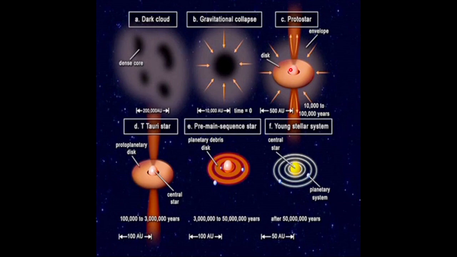The center of it heated up the most and became the proto-sun. And once it reached about 10 million Kelvin, it got hot enough for nuclear fusion to begin, and the sun was born.